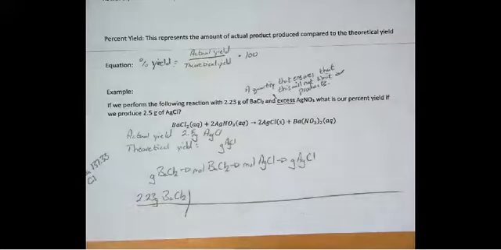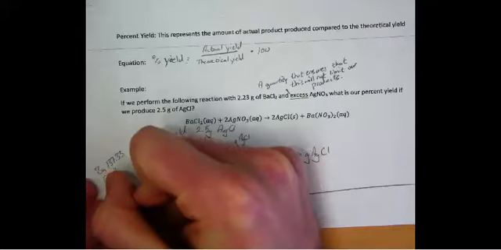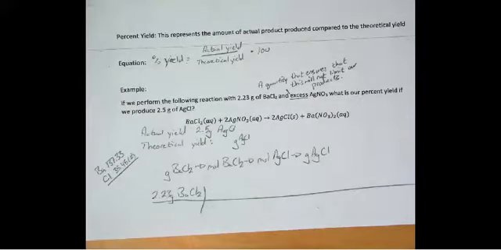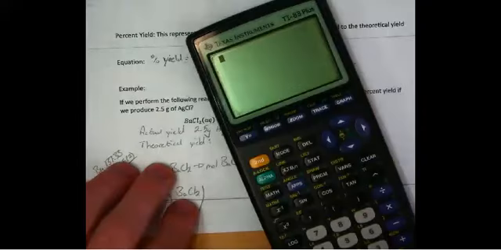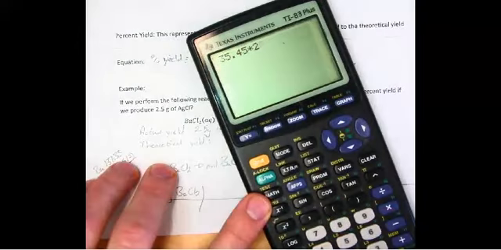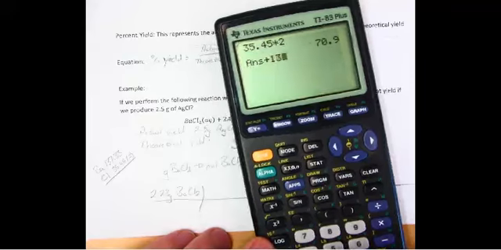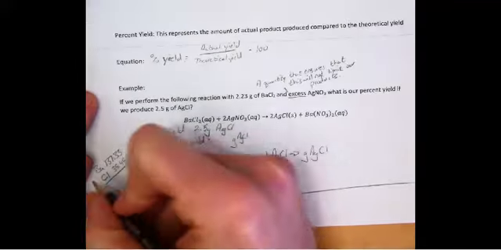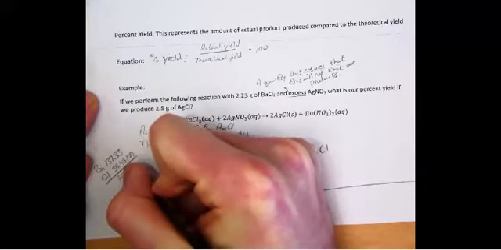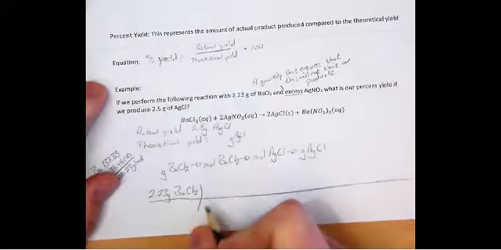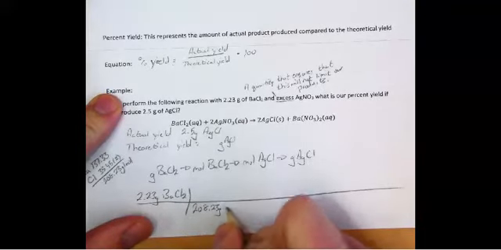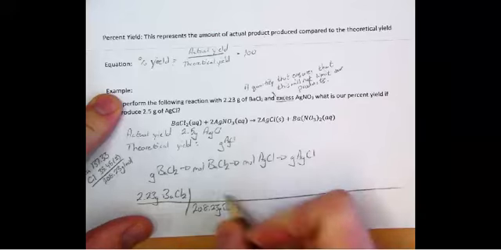Chlorine has a molar mass of 35.45. We're going to multiply that by 2 because we have 2 of them. 35.45 times 2 plus 137.33 gives us 208.23 grams per mole. So we're going to put our molar mass below, 208.23 grams barium chloride per 1 mole barium chloride.